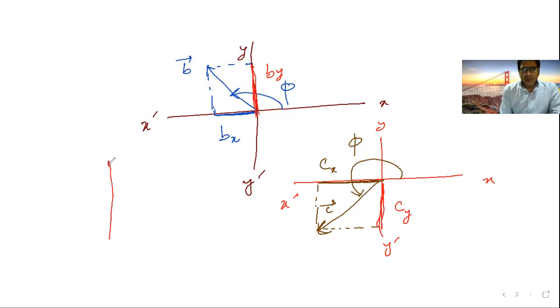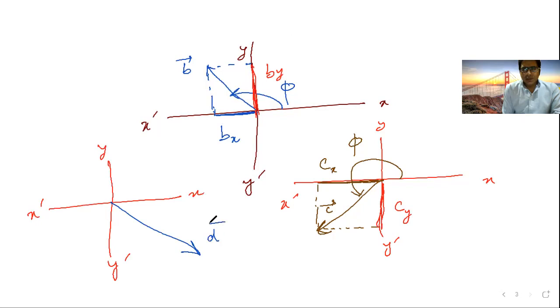I can have a vector in fourth quadrant. My x, x prime, y, y prime. Let there be some vector d which lies in fourth quadrant. Then this angle is the angle phi. And you draw the perpendicular on x-axis and y-axis, right?